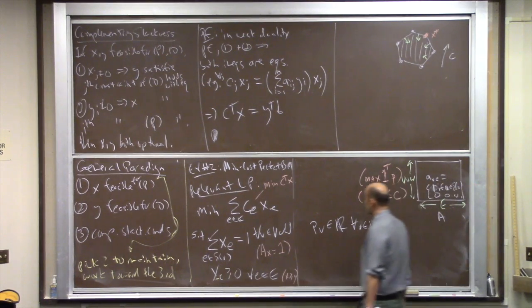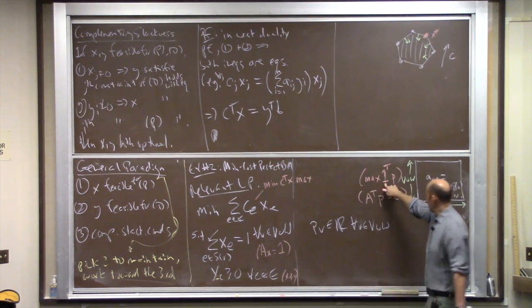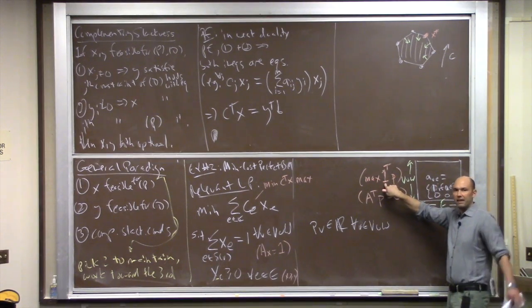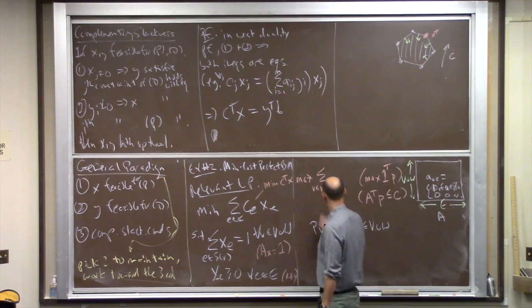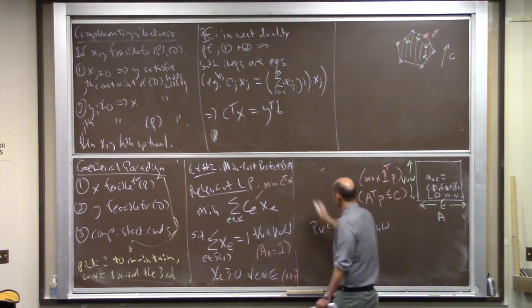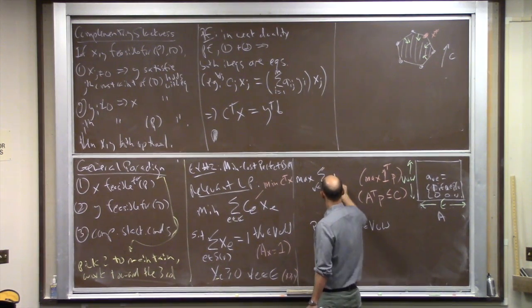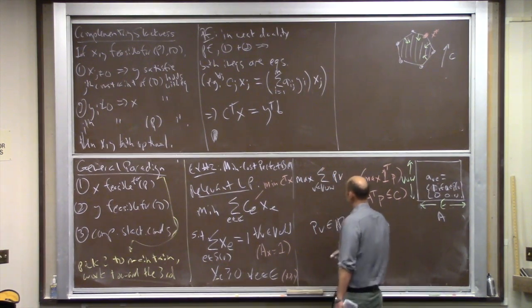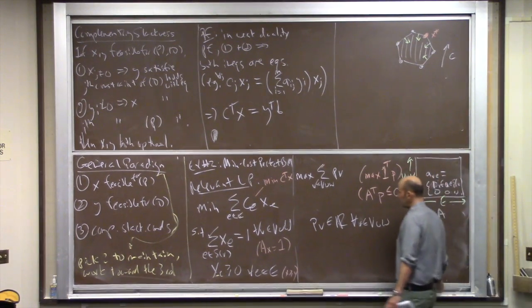So again, let's unpack this. This inner product is just the sum of the p-values. So we're maximizing the sum of the p-values, the sum of the dual variables, subject to.